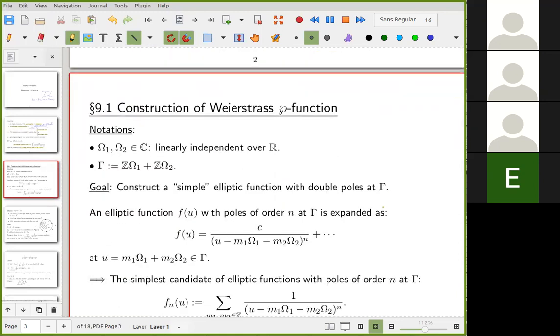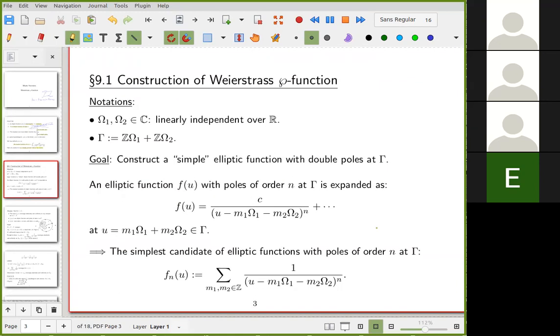Well, so this is the construction, and as before, we choose two complex numbers which span a parallelogram, and as usual, the lattice spanned by these two numbers is denoted by Gamma.